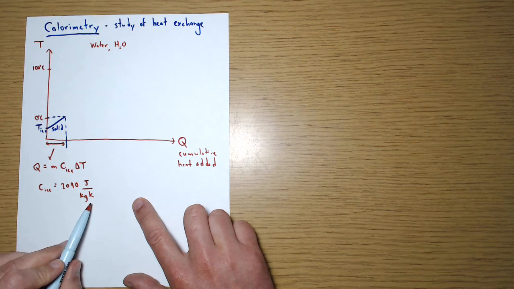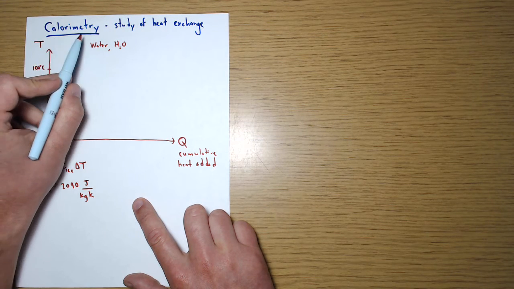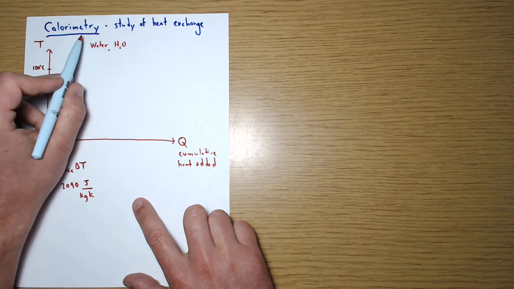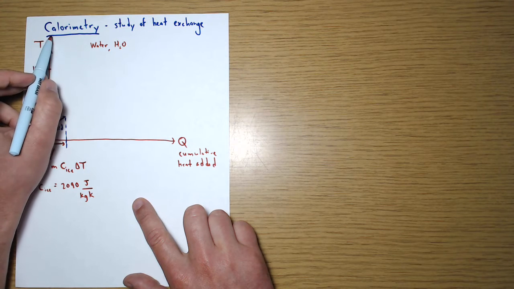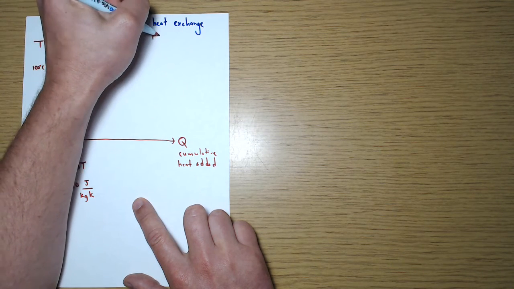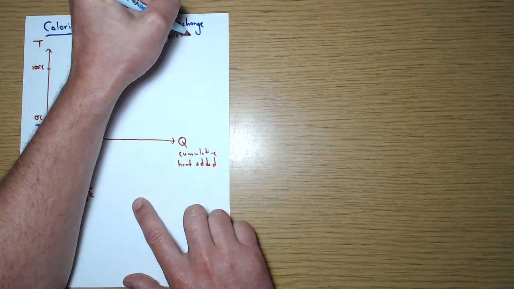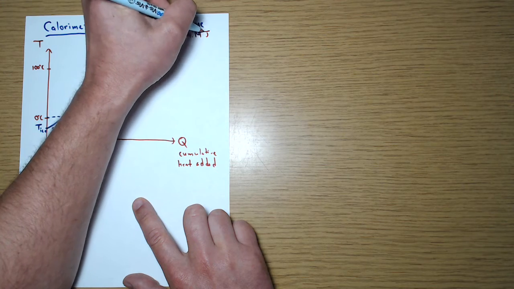Now, just to put this in context a little bit, let me remind you that calorimetry, its calorie has to do with energy or heat energy, and meter, studying or tracking the flow of energy. So 1 calorie is equal to 4.19 joules.